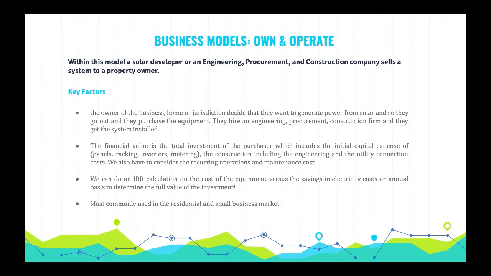Now this model, like I said previously, is most commonly used in the residential and small business market. To do an own and operate model, I should add, most of the time they hire an EPC company or a small developer, somebody who's already doing this work, to do the installation. Most homeowners do not do it as a DIY project, not yet.